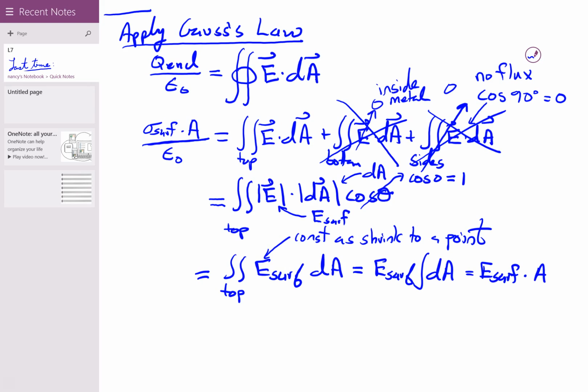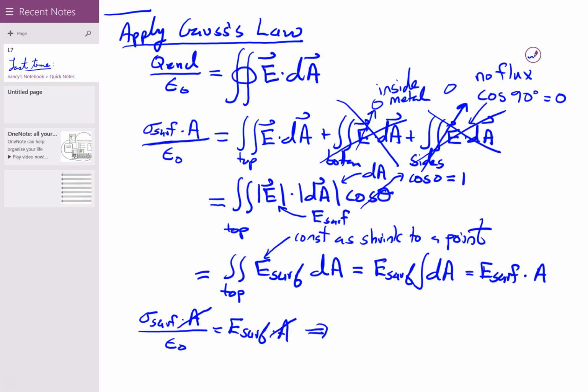So when I write down my final result, it becomes sigma surf times A, just copying the result over again, over epsilon naught, equals E surf times A. But our hopes had come true. The A's cancel out.